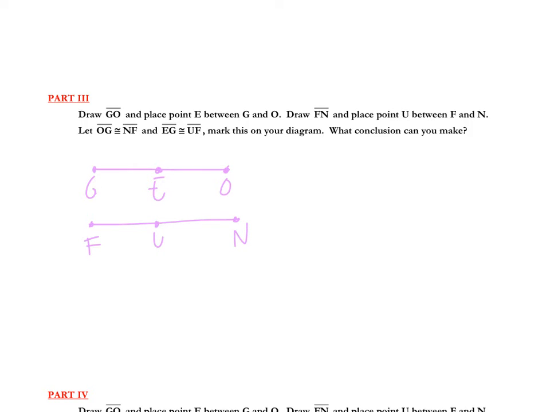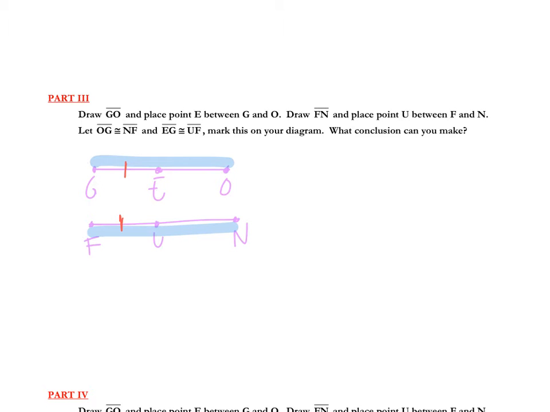GO is fun. Don't you love it? All right, so it says OG is congruent to NF. So that means that this is congruent to this. And EG is congruent to UF. Careful, I almost said that backwards.